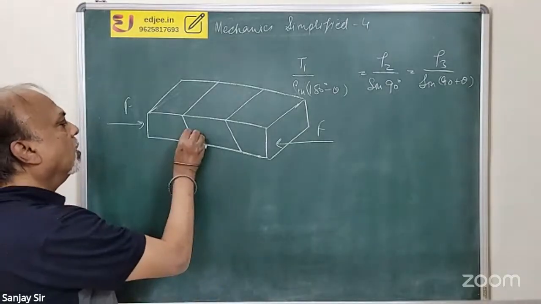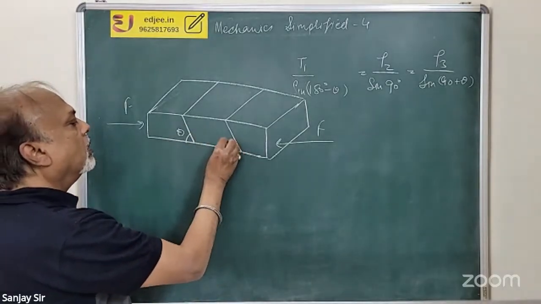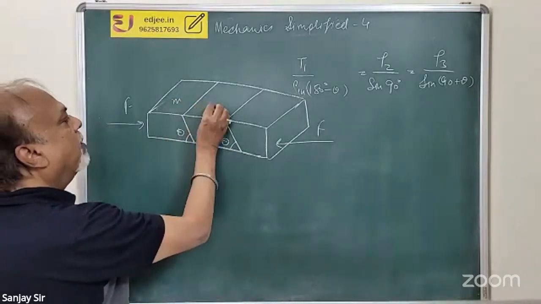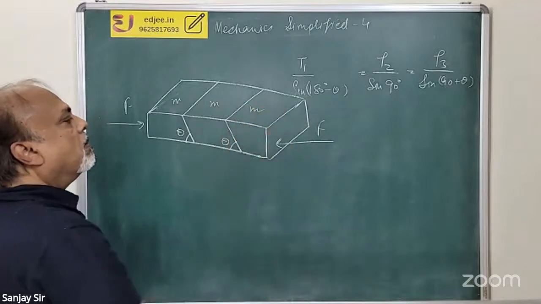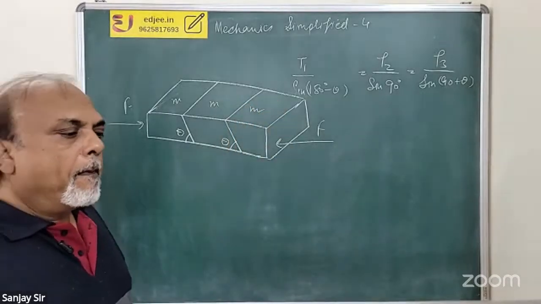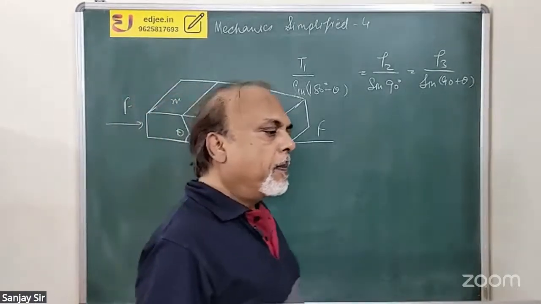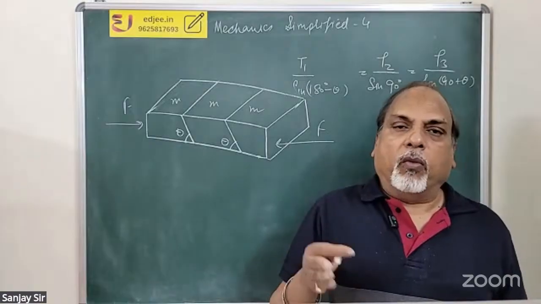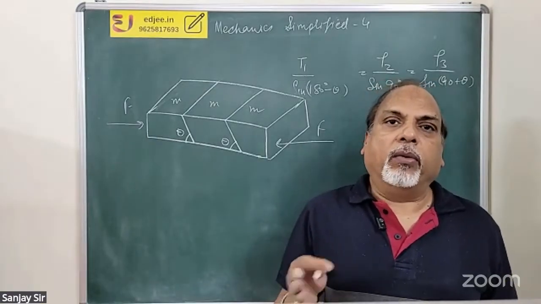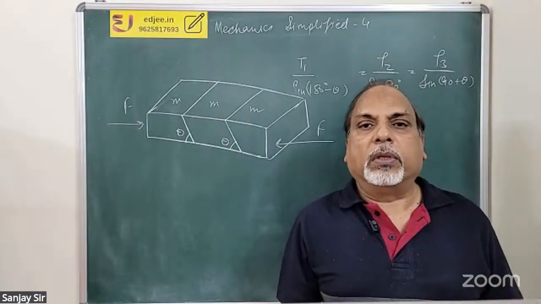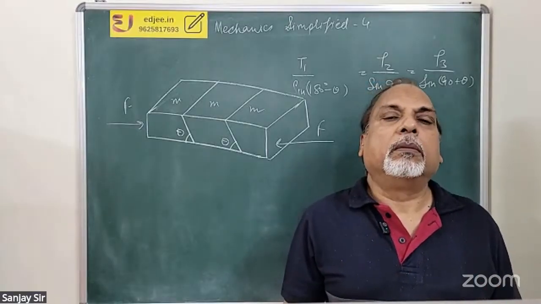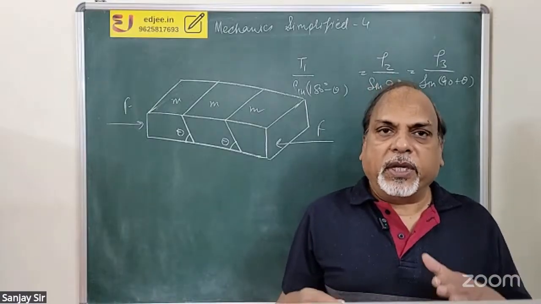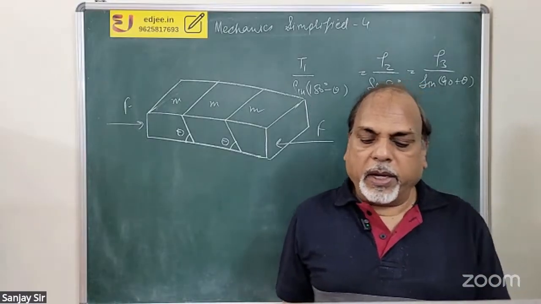Each section's mass is m. Correct? Vertically, we have seen how to find out the normal force, but this is not, it is basically inclined, correct?